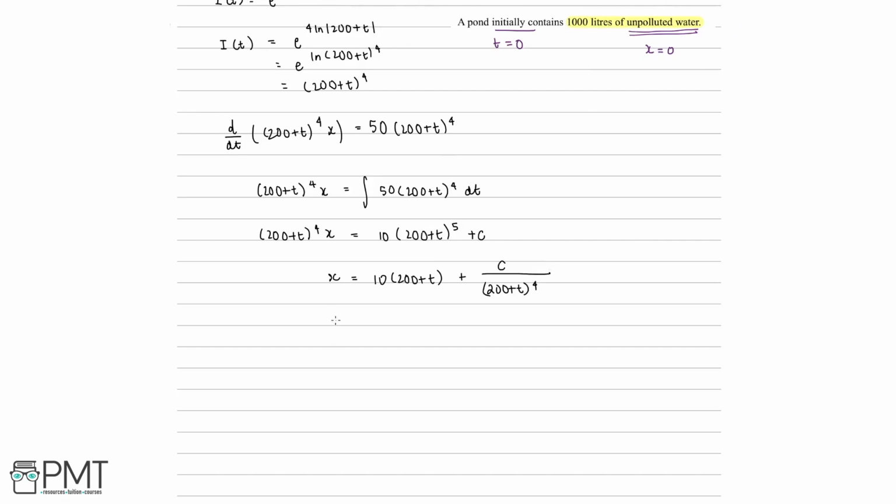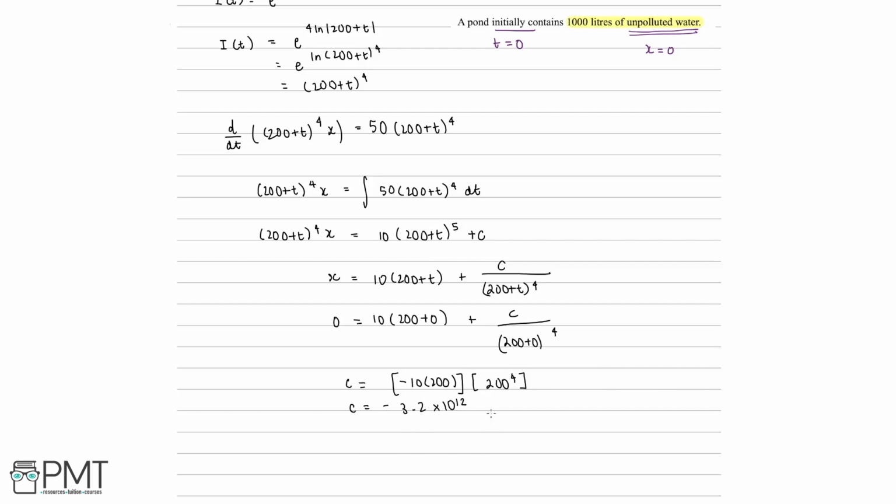So we have 0 is equal to 10 times 200 plus 0 plus c over (200 plus 0) to the power 4. We can rearrange this a bit to get c is equal to minus 10 times 200 all multiplied by 200 to the power 4, and we can plug this into our calculator to give you c is equal to minus 3.2 times 10 to the 12.